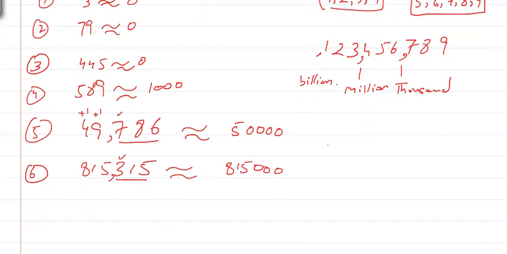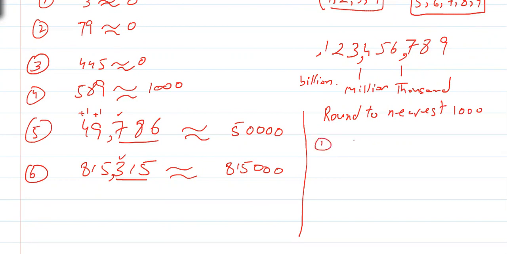Okay. Now I'm going to give you a few examples. Take 2-3 minutes to do that, so your mind will refresh also, so you will be able to round. The question is: round to the nearest thousand. The first question is 245.